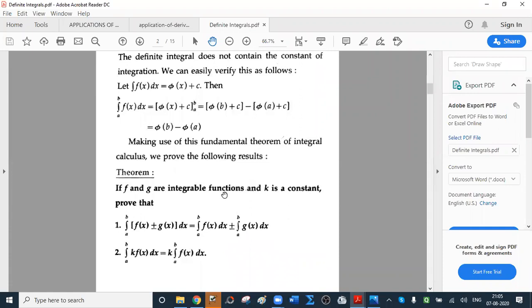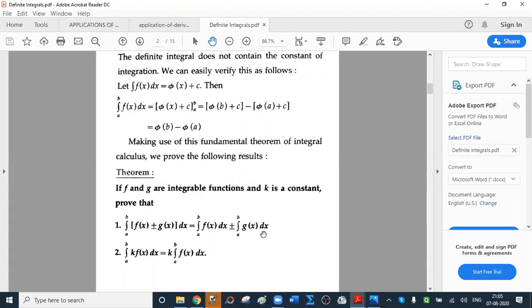Okay, so these theorems: if f and g are integrable and k is a constant, then integral a to b of f of x plus or minus g of x dx is integral a to b f of x dx plus or minus integral a to b g of x dx.